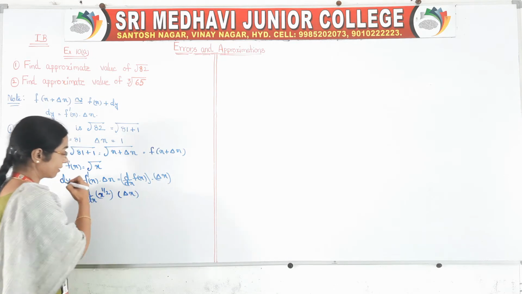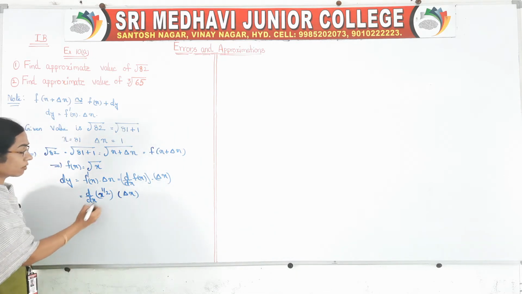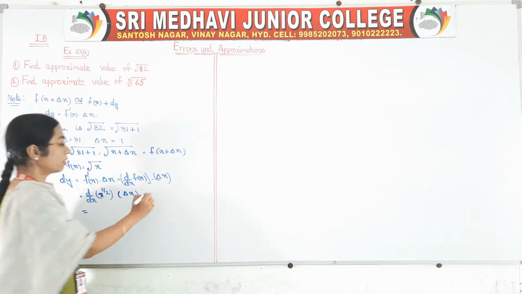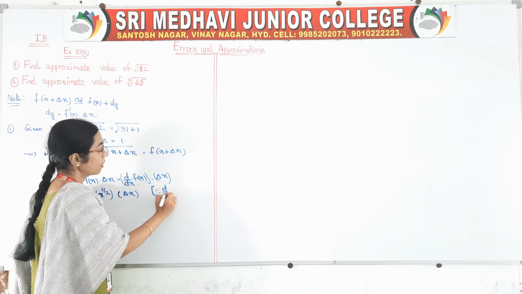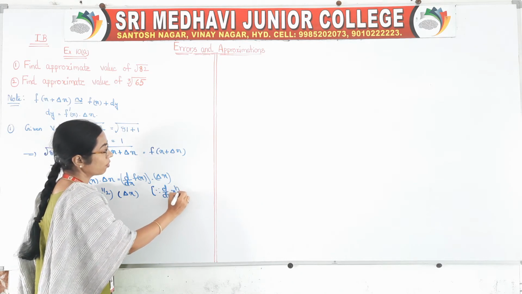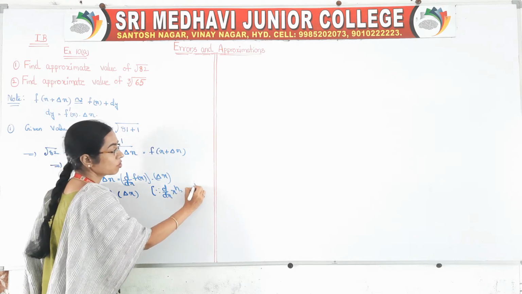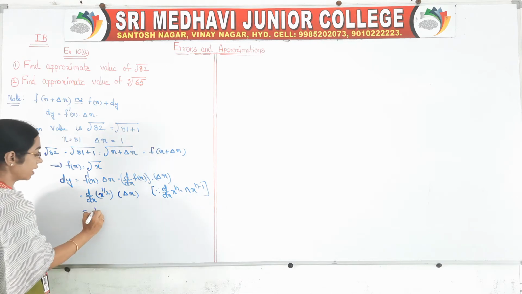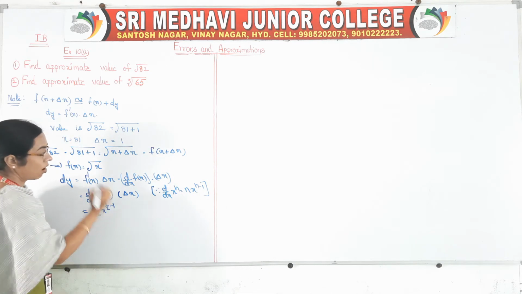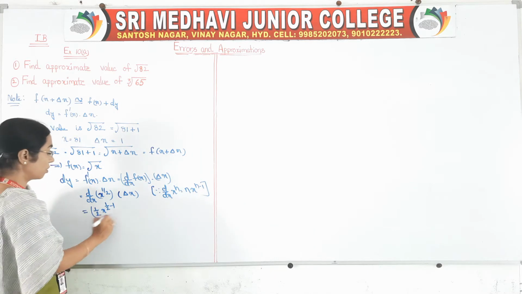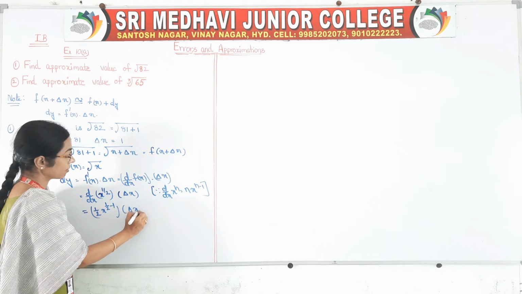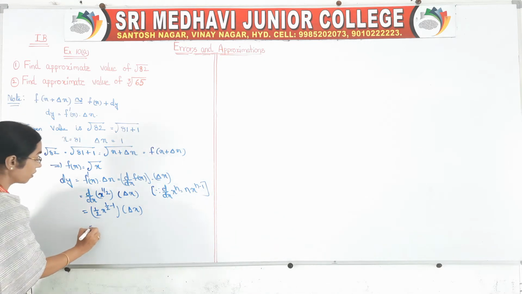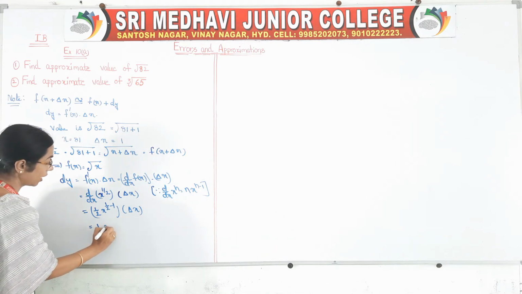Delta x. You know the formula: d by dx of x to the power of n is n into x to the power of n minus 1. So here we write 1 by 2 x to the power of 1 by 2 minus 1, into delta x.